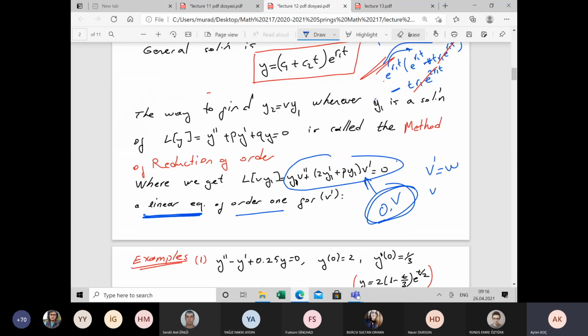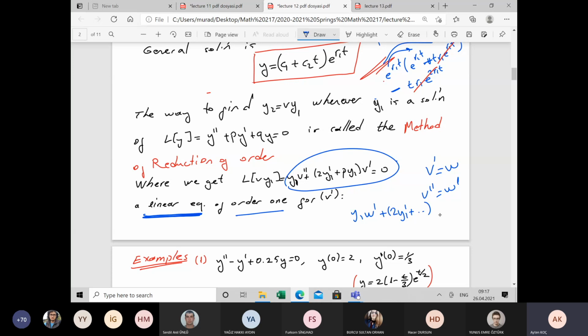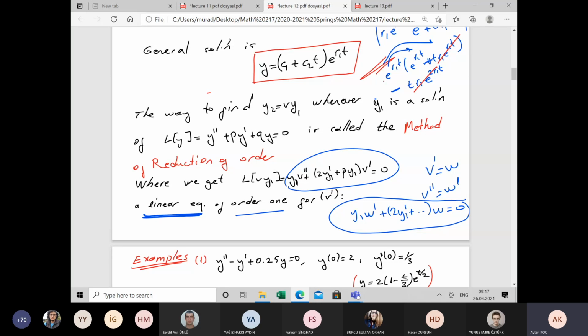Use this substitution, so we obtain v double prime is w prime, and this is transformed into y sub 1 w prime plus 2y sub 1 prime w equals 0. Look at this one: yes, this is a linear equation of order 1, first order, because the highest derivative of w is 1. It's okay.